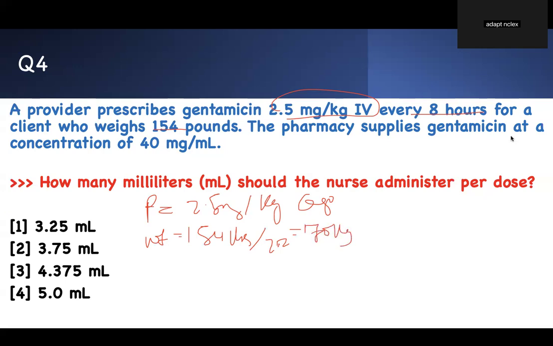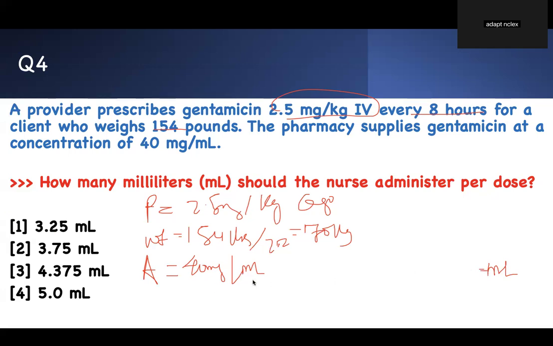Now, the pharmacy supplies gentamicin, the available dose is 40 milligram per ml. How many milliliters should the nurse administer per dose? So what is the ml that you should give for each dose?